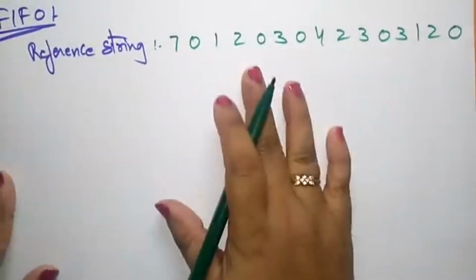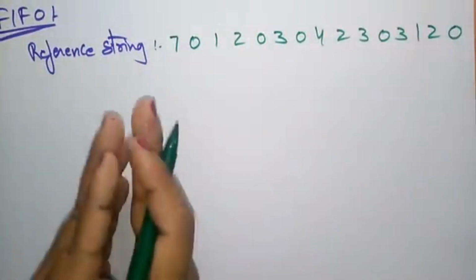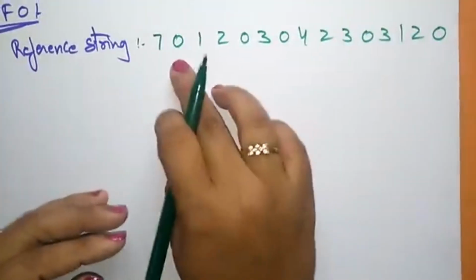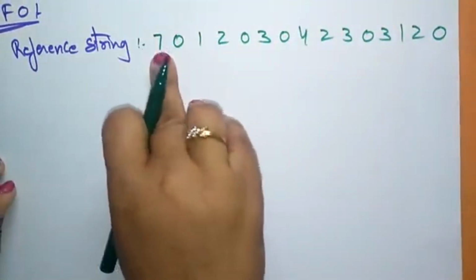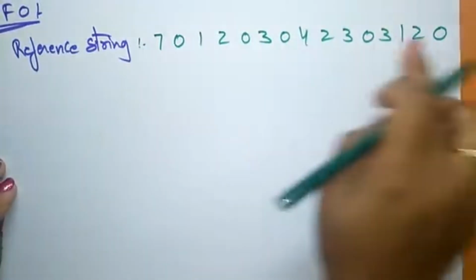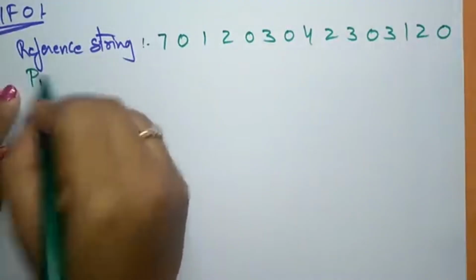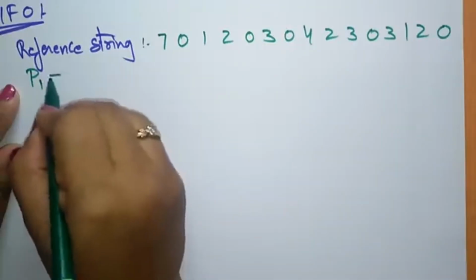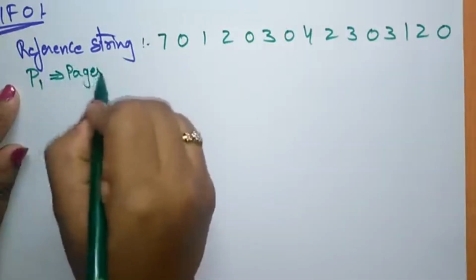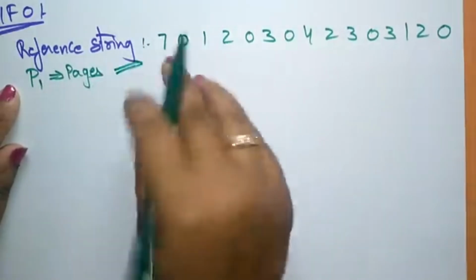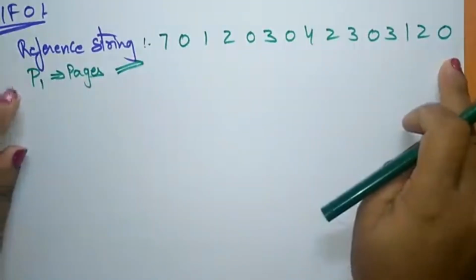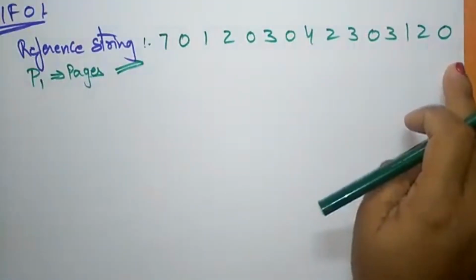These are the pages that are present in the process. Let us take this as a string. These are the page numbers, the pages that the CPU is demanding. Let us take the P1 process, consisting of these pages.